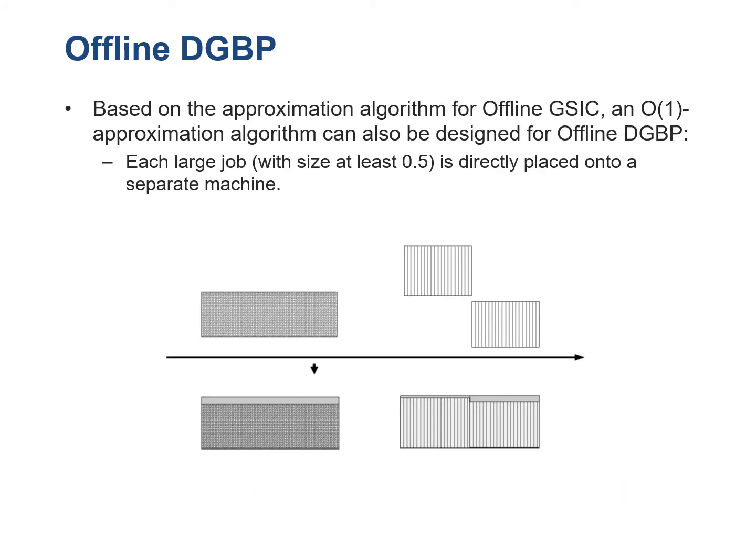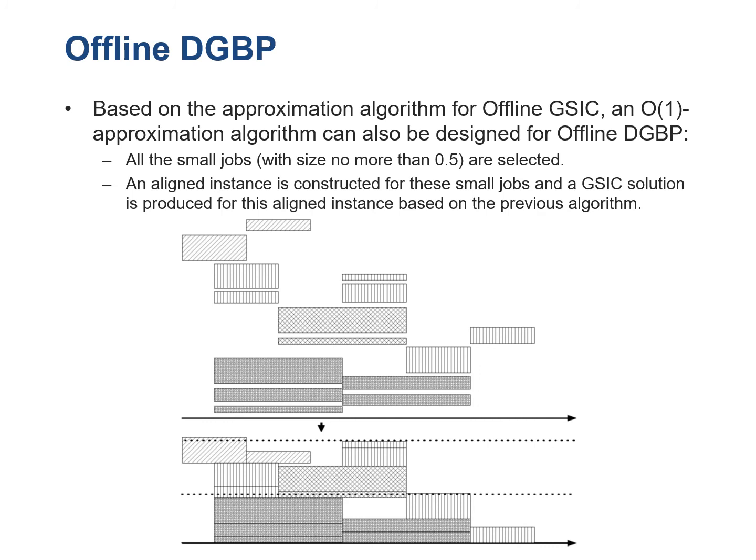And for the offline dynamic geometric bin packing problem, the aligning technique is still useful. First, all the large jobs with size larger than 1/2 are easy to deal with. We just use one machine for each such large job. To deal with all the small jobs with size no more than 1/2, we first construct the aligned instance, and then we produce a generalized Skyline interval coloring solution for these aligned jobs.